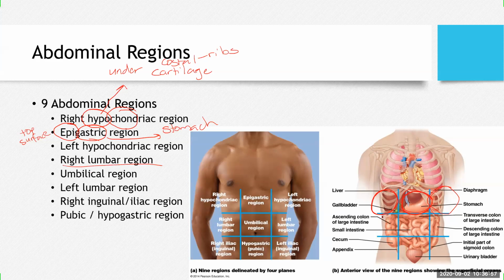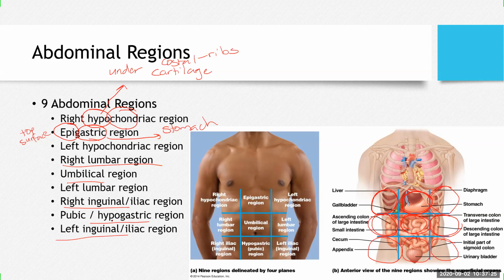Right lumbar region, we kind of talked about, and left lumbar region over here. Umbilical region, pretty obvious. It's over here. And then we have the right inguinal and also the left inguinal. The right inguinal is over here, left inguinal over here. And in between is the pubic region, also known as the hypogastric region.